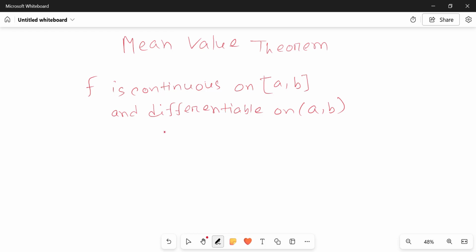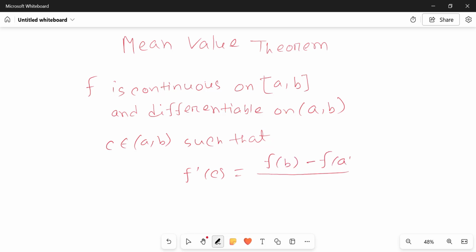Then there is at least one point c such that f prime of c is equal to f of b minus f of a divided by b minus a.